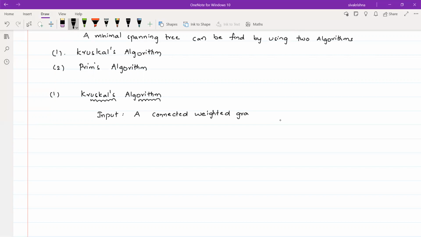So that is our input. And for this particular connected weighted graph, the output is that we have to find the minimal spanning tree, T of G.